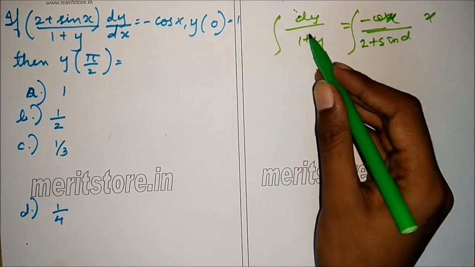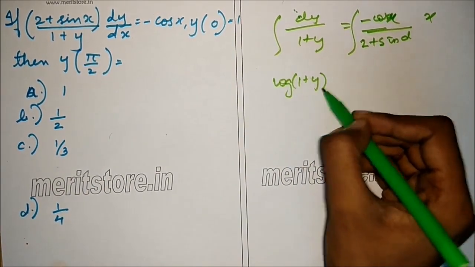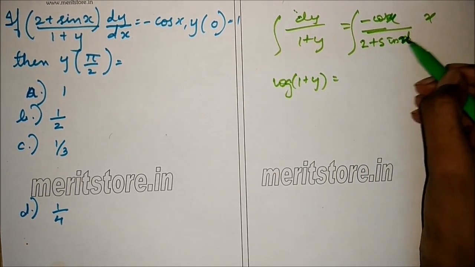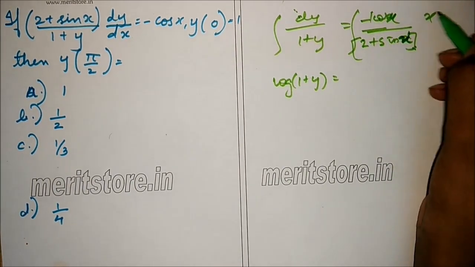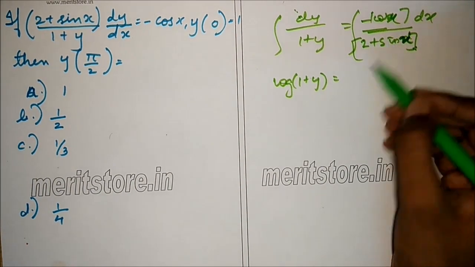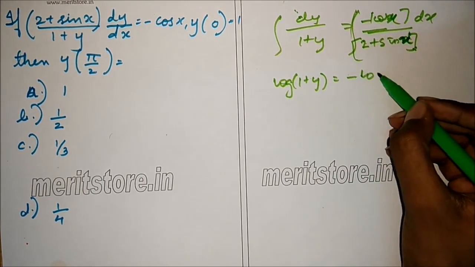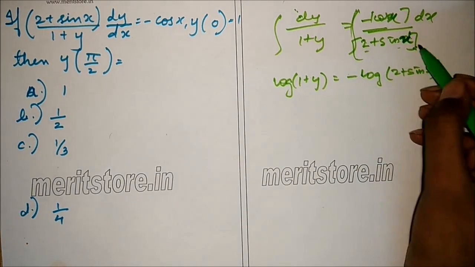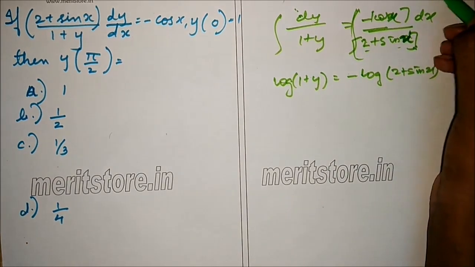So integration of LHS will be log of 1 plus y. And now if we notice, the derivative of the denominator is the numerator. So the integration of this will be minus of log of 2 plus sin x. That is using substitution, where 2 plus sin x will be t.